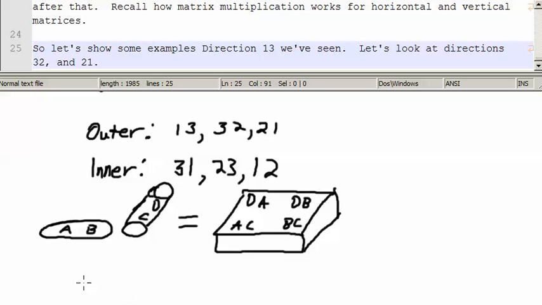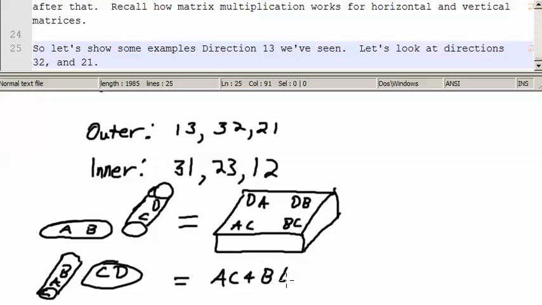While the inner product version would be, if we had AB times CD going this way, that would just be AC plus BD. So that's direction 3 times direction 2.